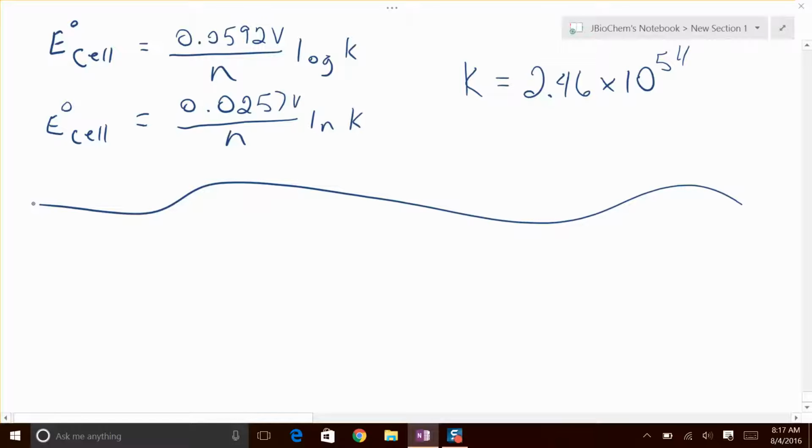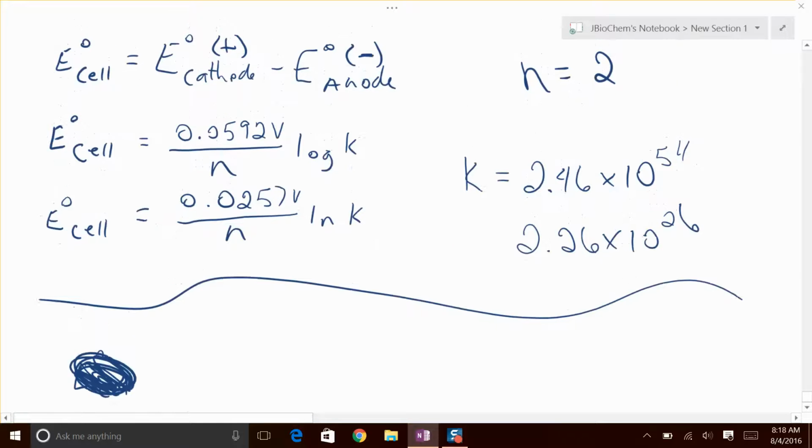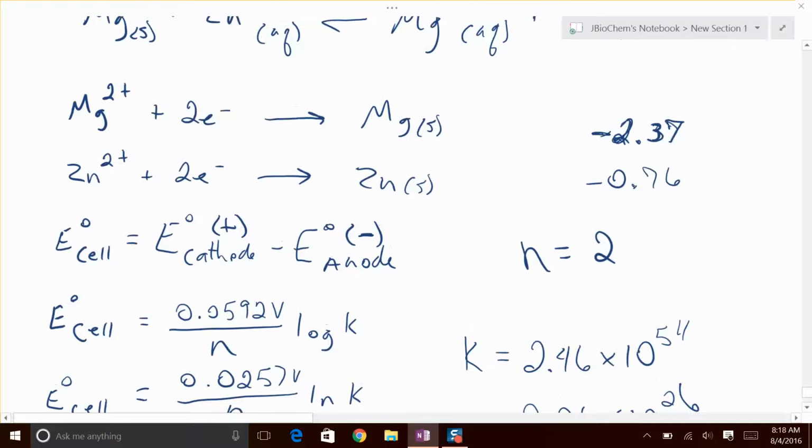Okay, so what did you say you got? I got 2.26 times 10 to the 26. Okay, so let's just do the log one. So it should be E naught of the cell, whatever that is. What is it, guys? 1.61. I got 0.7. For the, it's negative minus the negative. So it's going to be actually negative 0.76 plus 2.37.